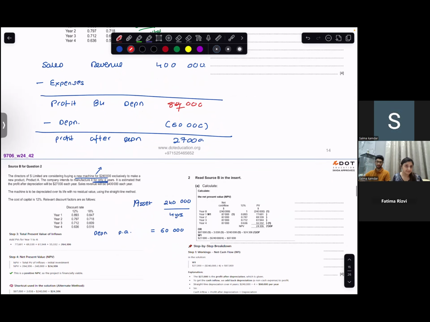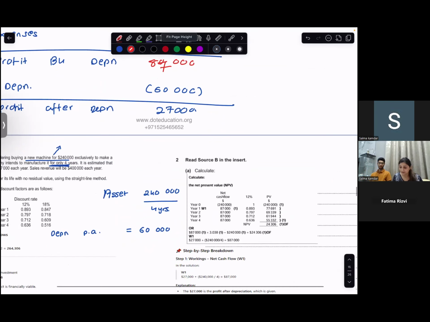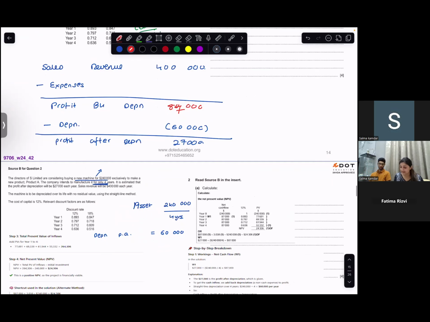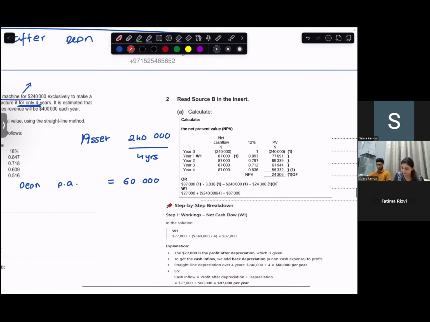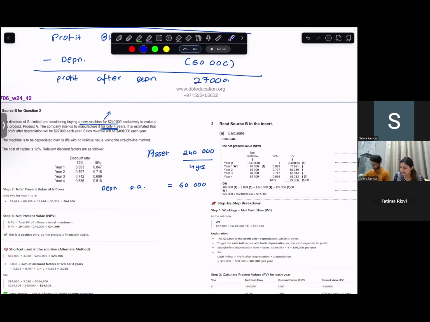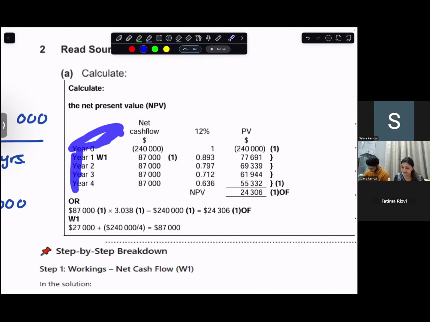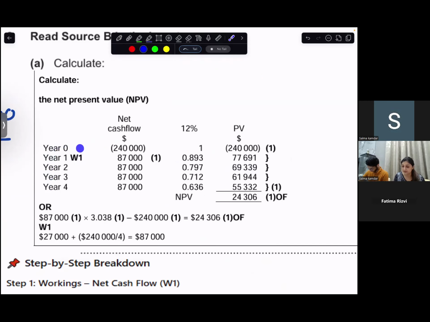Are you with me? Yes, miss. So now our first thing is I have to calculate NPV. Come on, tell me, how do I calculate NPV? I have my year 0. The project is going to last for 4 years. So I write year 0, year 1, year 2, year 3, year 4.